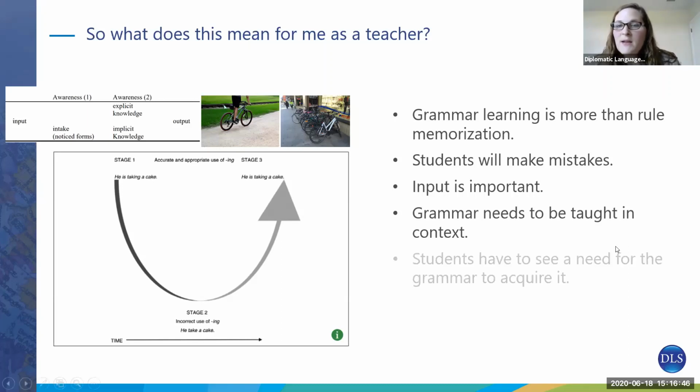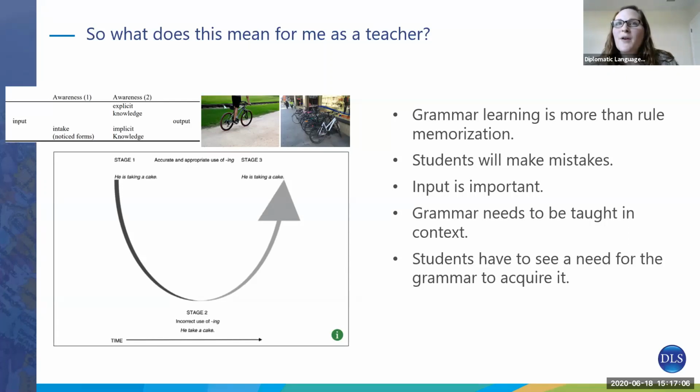And then, again, to prevent fossilization, or getting stuck before students have been able to complete that cycle, students need to have a need. They have to understand the need for the grammar in order to acquire it.